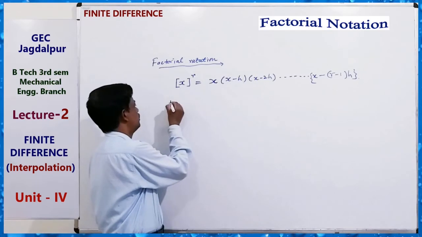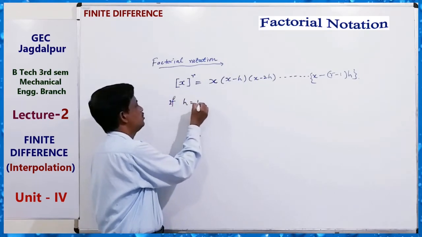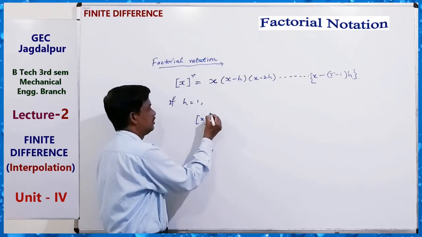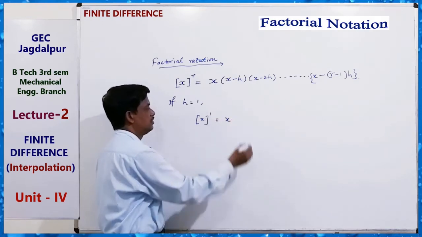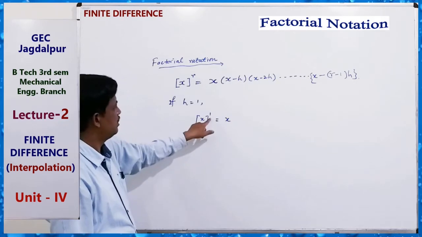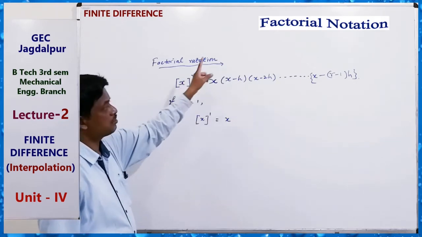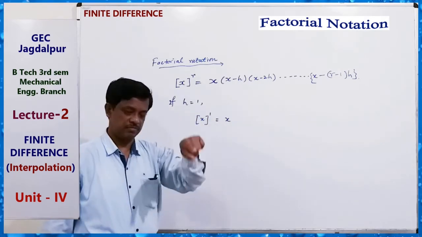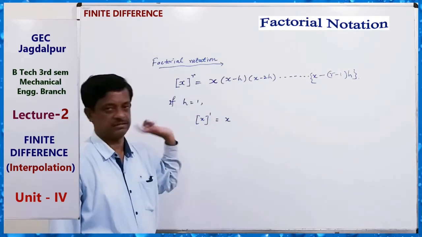Suppose h equals 1. Then x^(1): r minus 1 times is subtracted, so 1 minus 1 means 0 times subtracted, which means x.